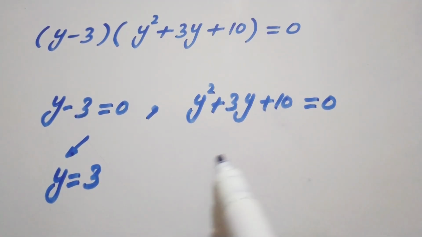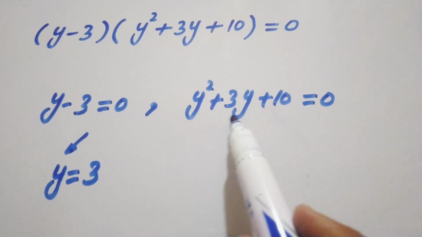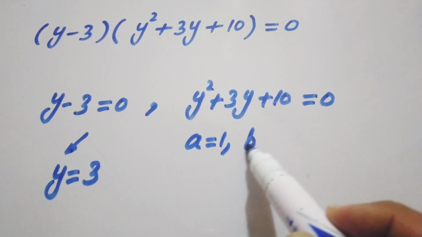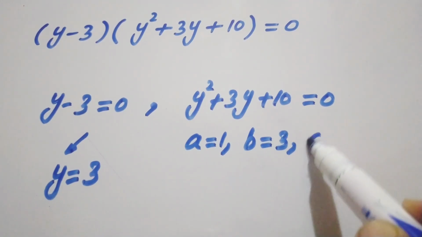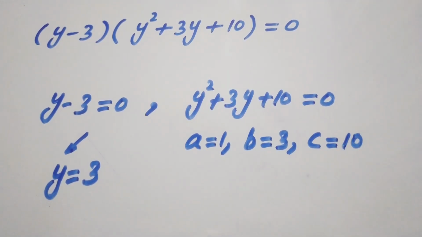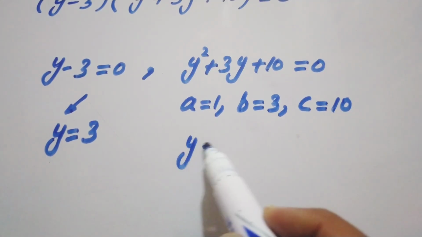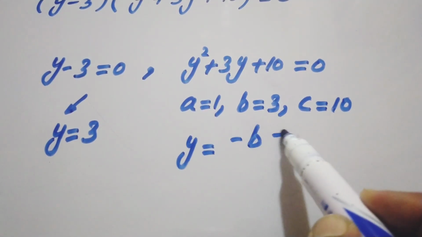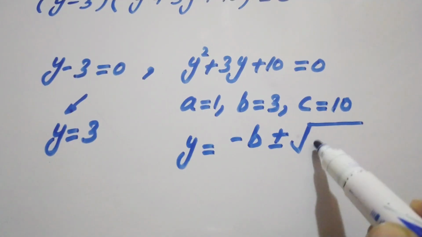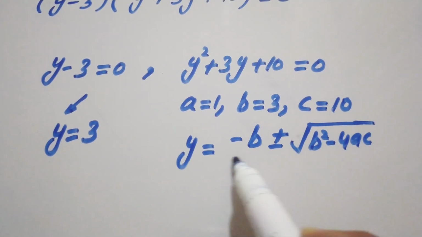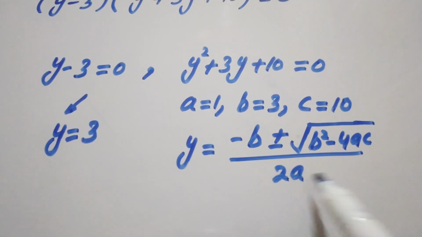And this is a quadratic equation, so we will apply the quadratic formula here. The value of a is 1, b is 3 and c is 10. And the quadratic formula is minus b plus minus square root of b squared minus 4ac divided by 2a.